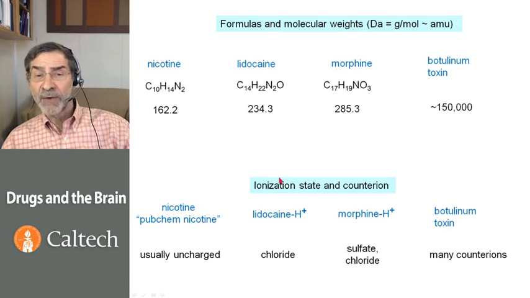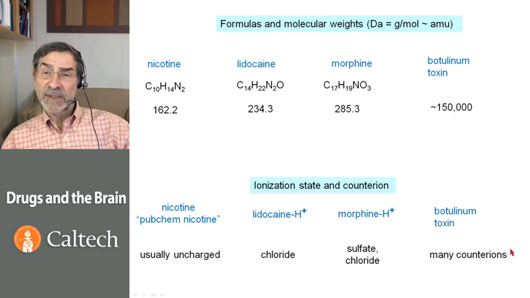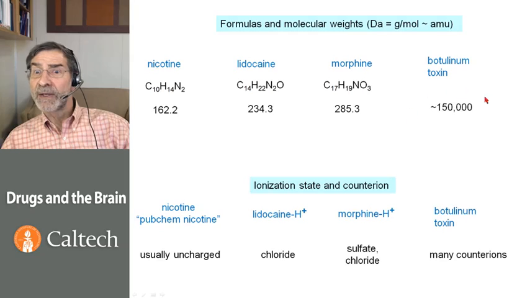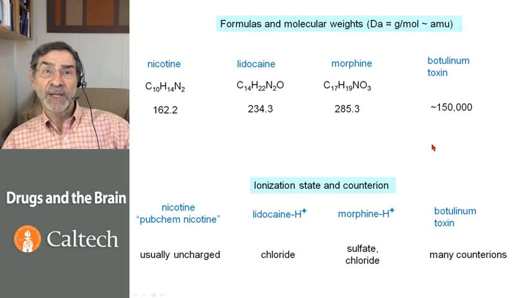So the molecular weights of the total complex here would be higher in each of these cases. This is a complication that people know about and use. Botulinum toxin presumably has in it protonated and unprotonated groups. It may have some chloride or sulfate ions. It may have waters of hydration in it. Counterions and waters of hydration are rather poorly defined, as far as I know, for botulinum toxin.